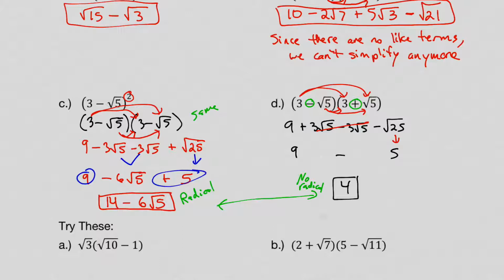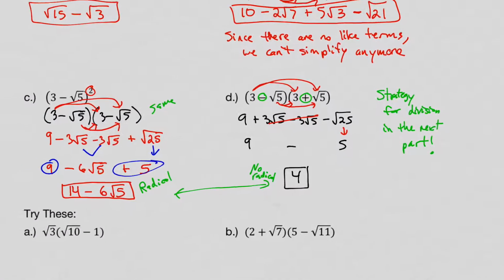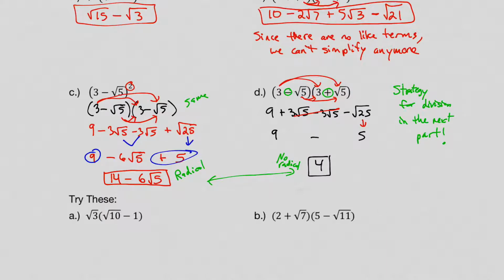And so the strategy is going to be to do what we have just done in part D. So this is going to be the strategy for division in the next part. Because there's no radicals in our answer. So we'll see the benefit of that a little bit later.